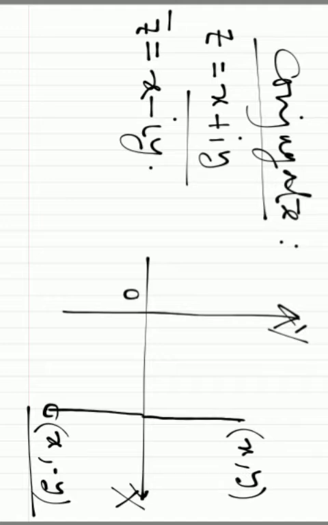Okay, so it's a very important thing. The conjugate of a complex number is geometrically the reflection of the point (x, y) on the real axis, and it is defined to be x minus iy. So you observe that the sign of i is changing here.